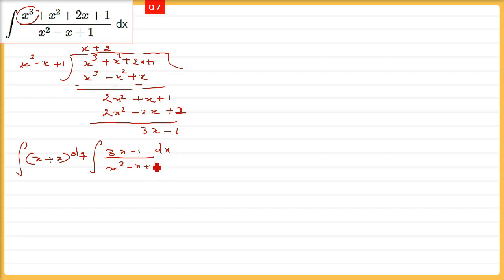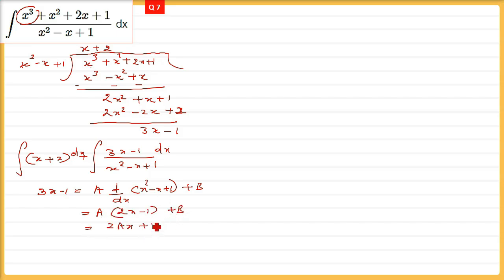Let us call this 3x minus 1 and represent it in the differentiation form of x square minus x plus 1. So a into x square minus x plus 1, and then we have a constant b. The differentiation of this will be 2x minus 1 and plus b. Now multiply: this will be 2ax, and this will be b minus a, and this is equal to 3x minus 1.